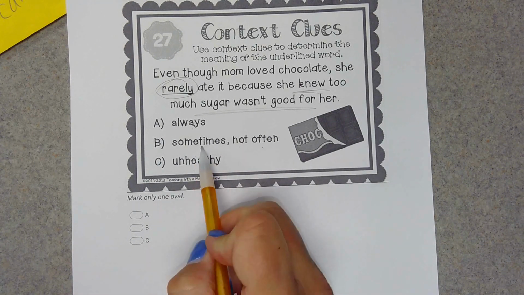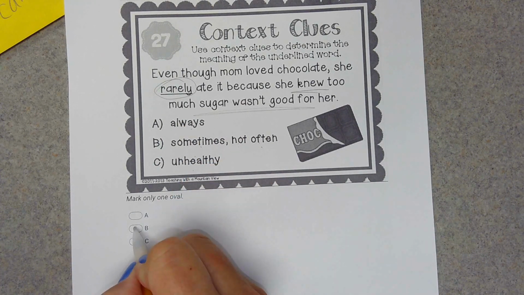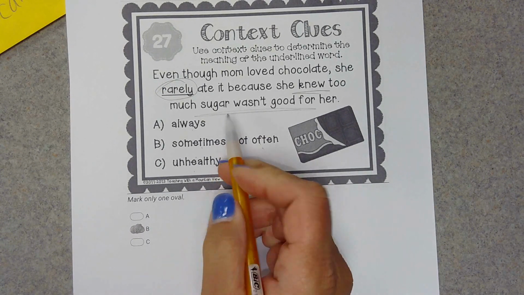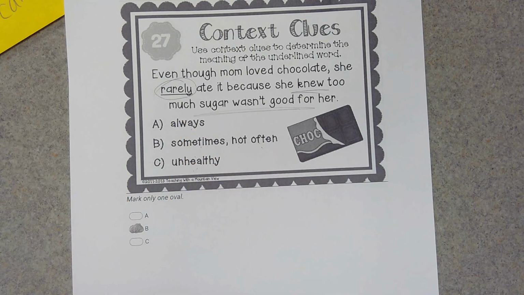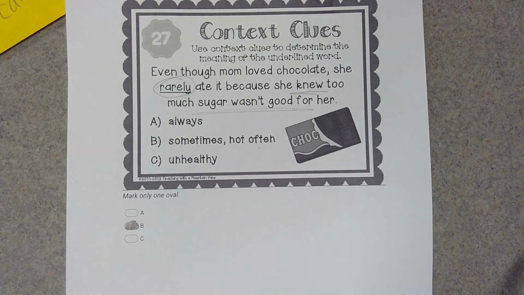I think rarely means sometimes or not often because she knows it's not good for her, so she doesn't eat it very often. Don't be tricked by this because I think some people want to put unhealthy because chocolate is unhealthy, but that's not what rarely means. She's saying she rarely ate it, which means she didn't eat it very often.